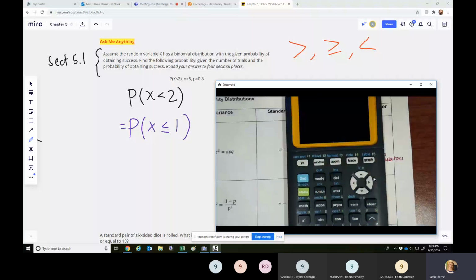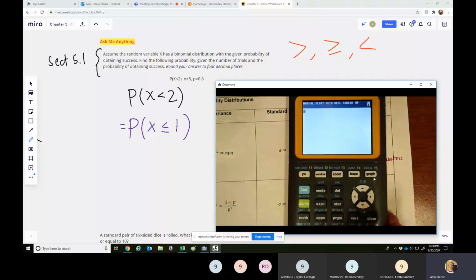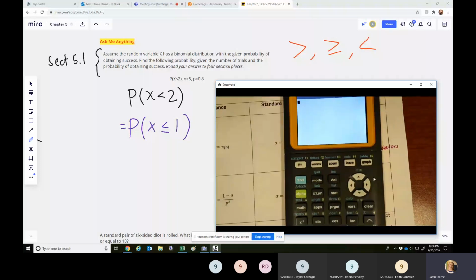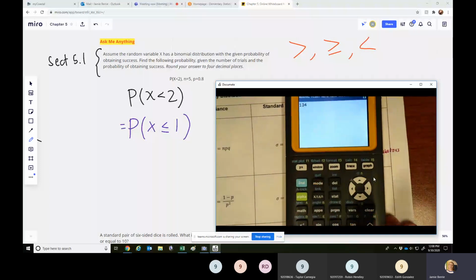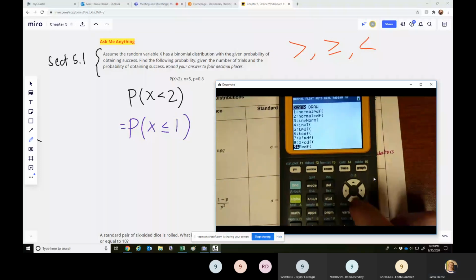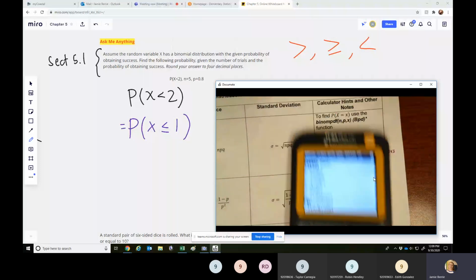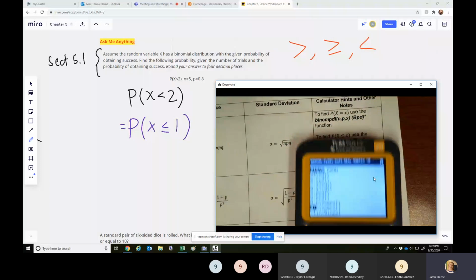Remember I like to start off with my screen cleared out. If you accidentally have something typed in here and then you do second vars, it's going to mess your answer up. So second vars, scroll way down to binom CDF. CDF because it's the less than or equal to. That tells us which one to use.